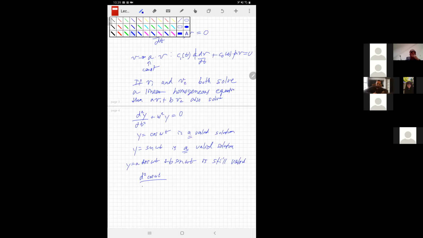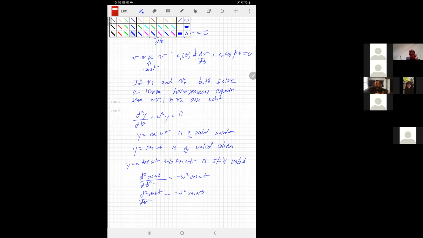Second derivative of cosine omega t is just minus omega squared cosine omega t. Ditto for sine omega t. All right.